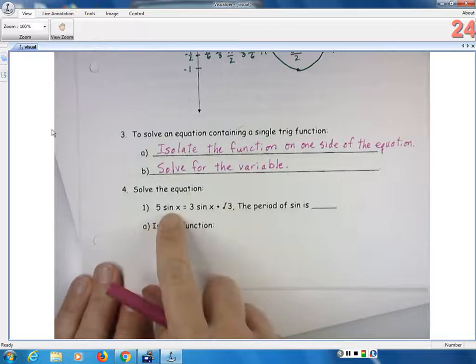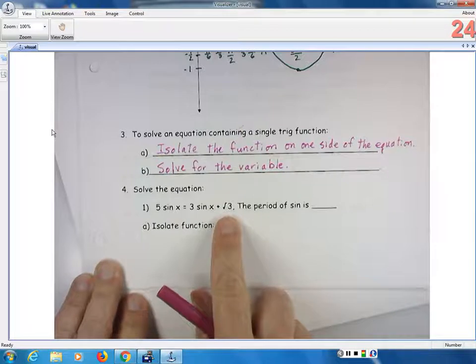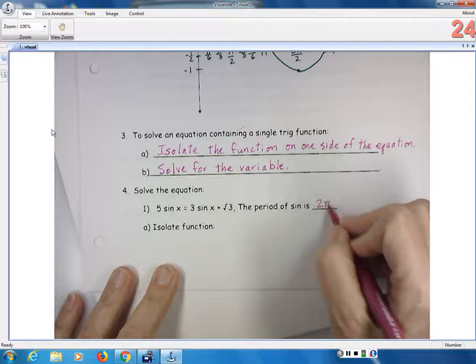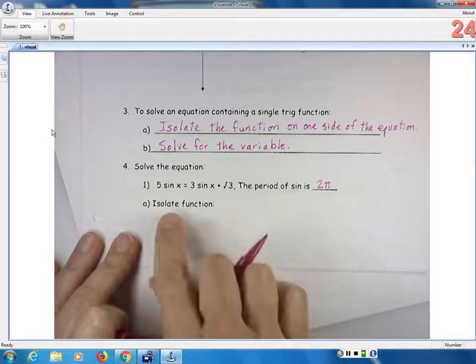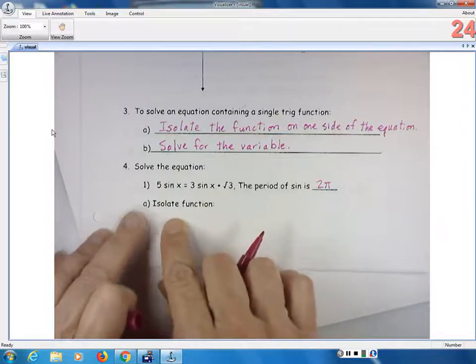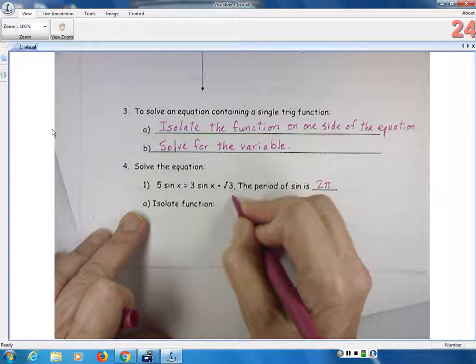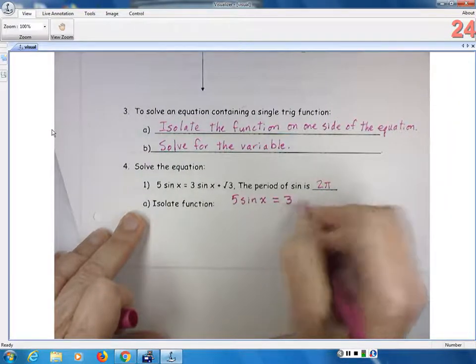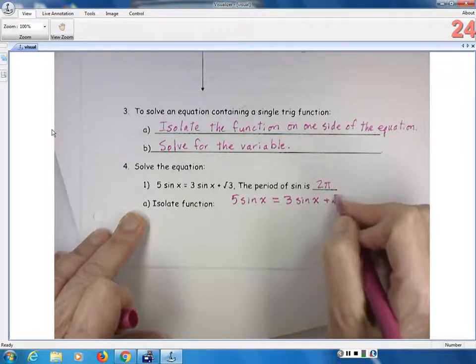5 times sine x equals 3 times sine x plus the square root of 3. First, we want to remember that the period of sine is 2 pi. Our first step is to isolate the function. So I'll write it down: 5 sine x equals 3 sine x plus the square root of 3.